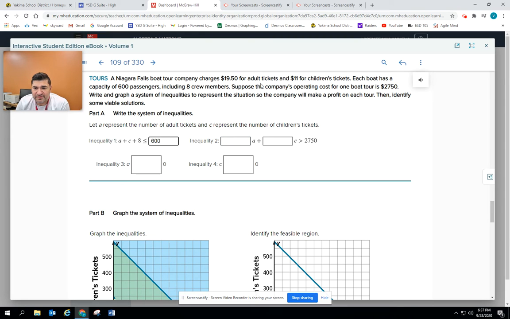Let's look for it up here, $19.50 for adult tickets. We could put $19.50, or we could just put 19.5. We'll leave it at 19.50. And for children, how much does a children's ticket cost? It costs 11.